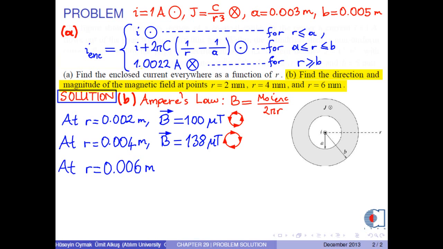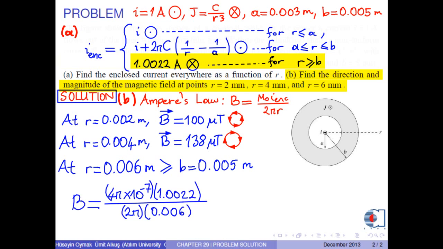Finally, at r equals 0.006 meters, which is greater than b equals 0.005 meters, the enclosed current is 1.0022 amperes, which is into the screen. Then with the numerical values, the magnetic field is obtained approximately as 3.34 times 10 to the negative 5 Tesla, or approximately 33.4 microtesla.